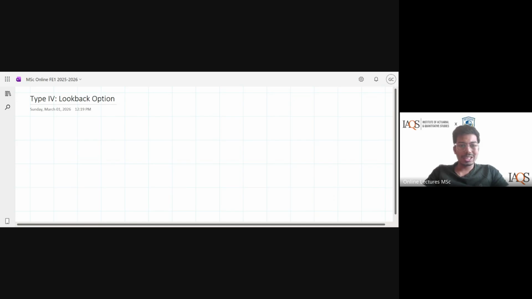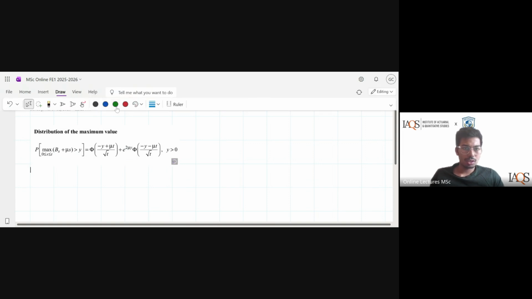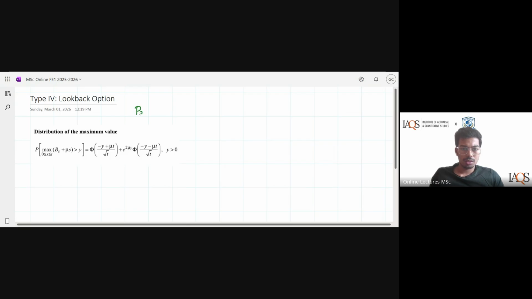If you go to page 38 of your table books, there is an equation mentioned over there. Let me paste it here as well. This is on page 38 of your table books. This entire type 4 is built upon this particular equation, wherein Bs is a standard Brownian motion and s is nothing but time.